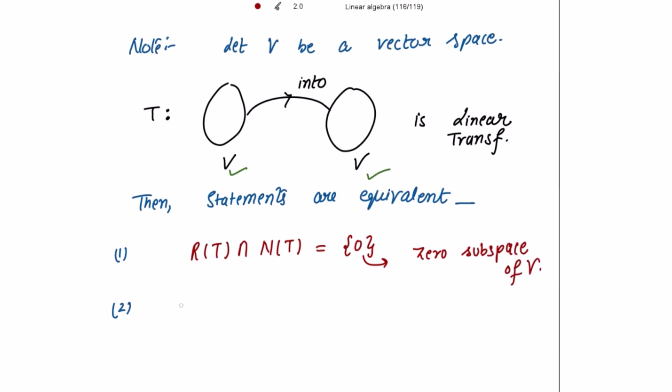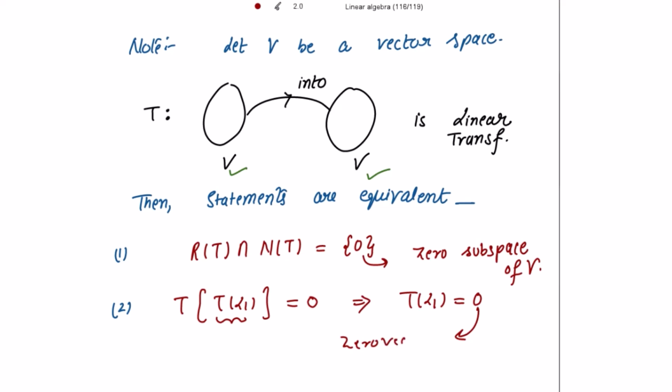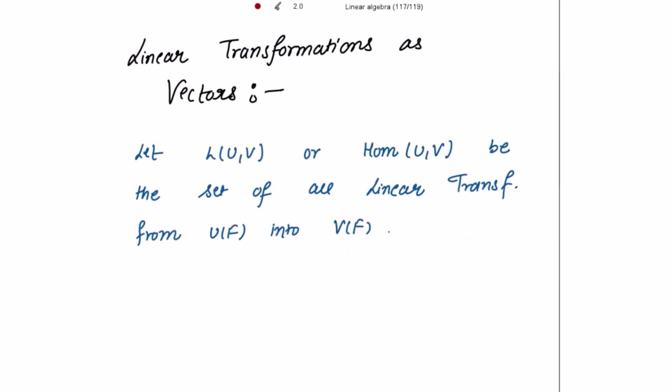Then second, if T of T alpha is equal to 0, then this implies T alpha is 0. Please remember, this is your 0 vector in V. Okay. Next is linear transformations as vectors.